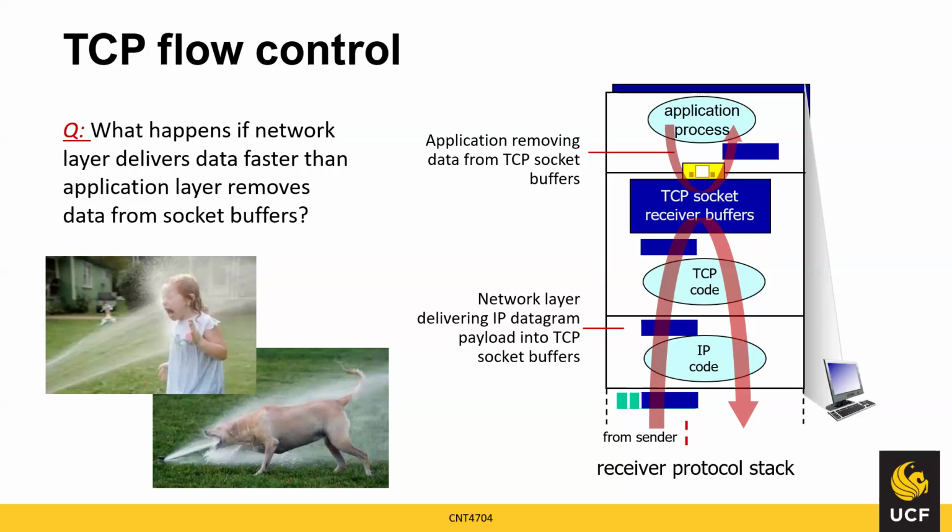The network layer would deliver up to the TCP buffer, but if the application cannot remove the data fast enough, then the buffer fills up and data would be lost. That's like the receiver getting blasted with a lot of information that it cannot process. So that is why TCP makes sure that the sender turns down the hose and sends data at a rate that the receiver can actually handle.